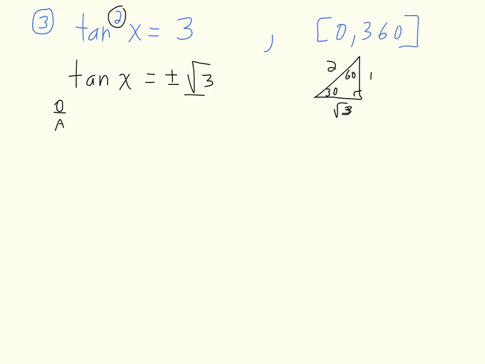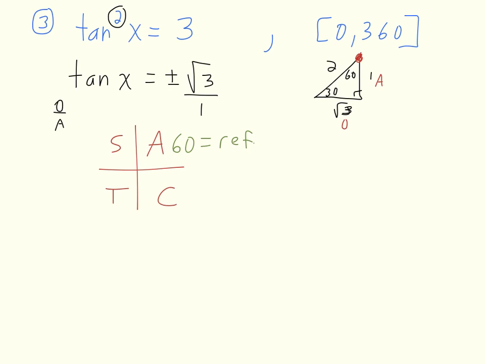So you could really think of this as being over 1. So where would you have to position yourself for the opposite over adjacent to be radical 3 over 1? Well, it'd have to be 60, right? This would be the opposite, this would be the adjacent. So we go to our diagram, our ASTC. The reference angle would be 60.